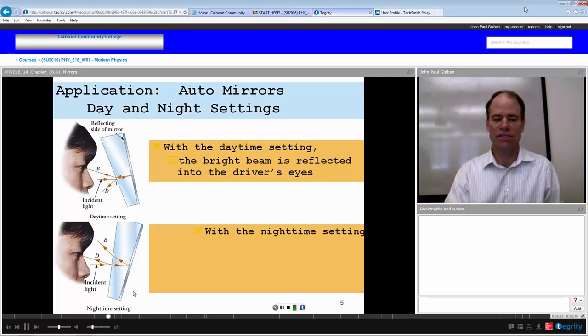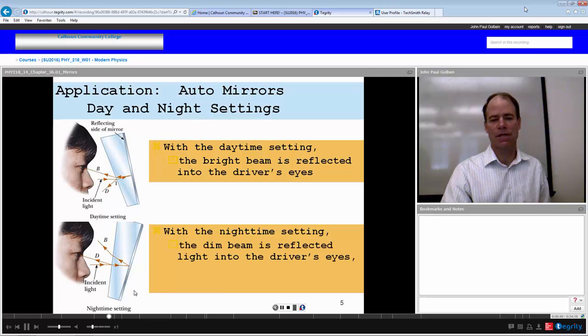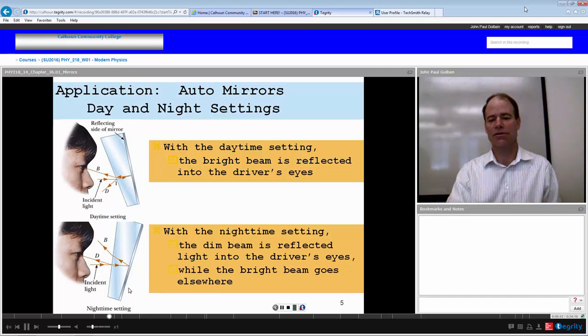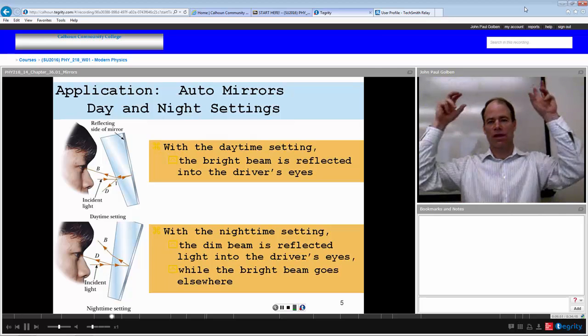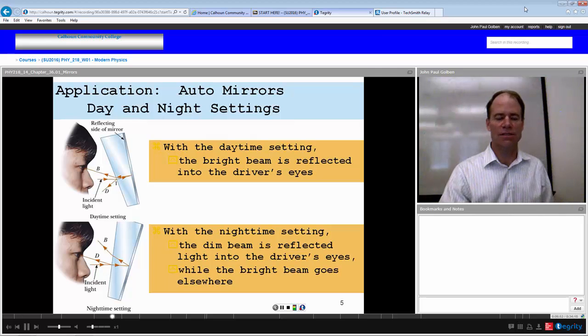That's going to be a much dimmer reflection, but it'll be enough for you to see who's behind you. So because the mirror is turned, the full-fledged reflection misses your eyes, but you get the weaker reflection, and it allows you to see the person behind you at nighttime.